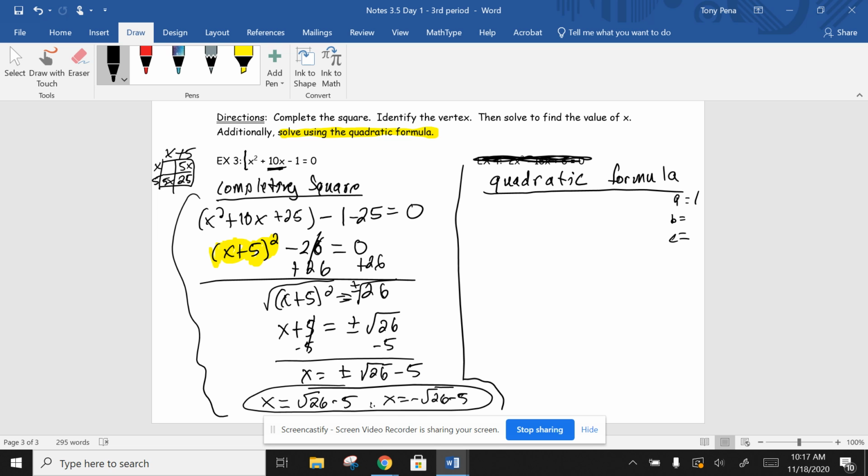B is the number in front of your x to the first, that's a 10. And then C is the number by itself, which is a negative 1. And make sure it's a negative 1. It's a minus 1, so that means that 1 is negative. We then write the quadratic formula, and then we just plug those values in accordingly.